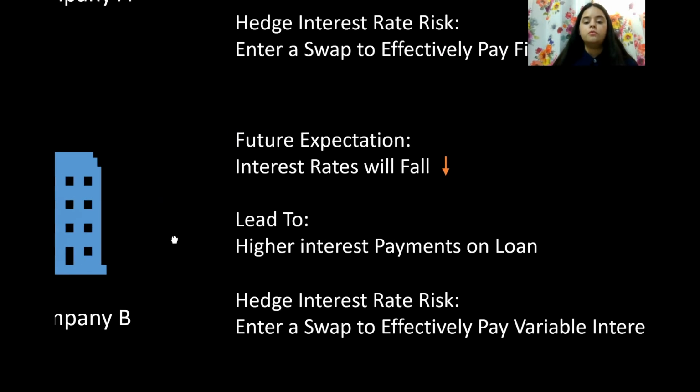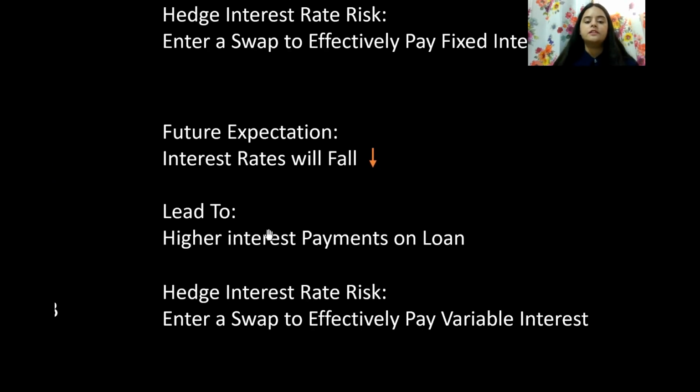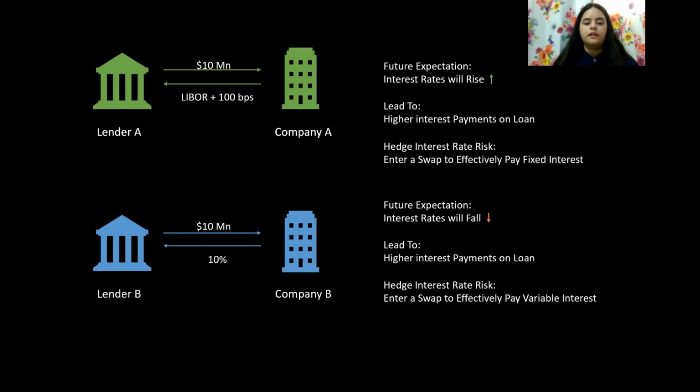So in order to reduce this risk, company B enters into a swap, effectively paying variable interest rates so that it is paying lower interest rates. How will this happen? Let's take a look at the second slide.